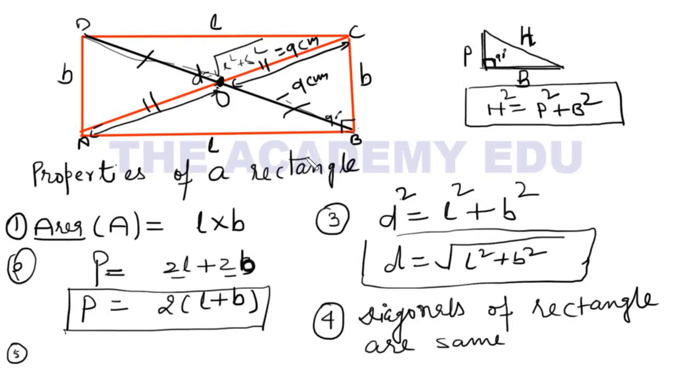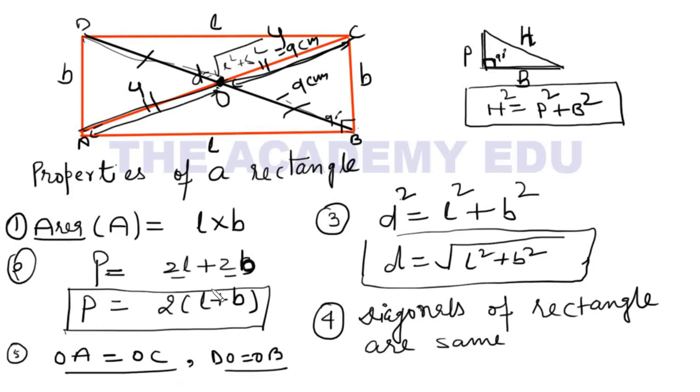So OA is equal to OC. If OA is 4 centimeter, OC is also 4 centimeter, then the complete length AC is 8 centimeter. Similarly, DO is equal to OB. Got it? So this is the property of a rectangle, right?